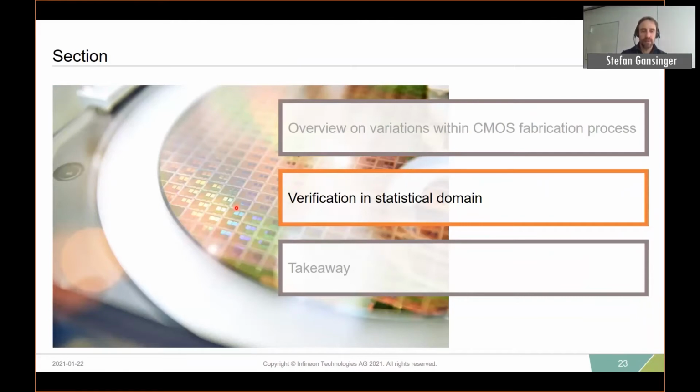Since the variations in the fabrication process are random, they follow a certain statistic, so we have to use statistics in our verification as well. That's why the second part is called verification in the statistical domain.